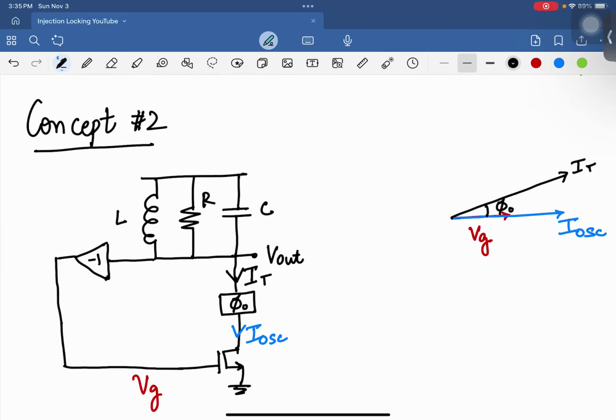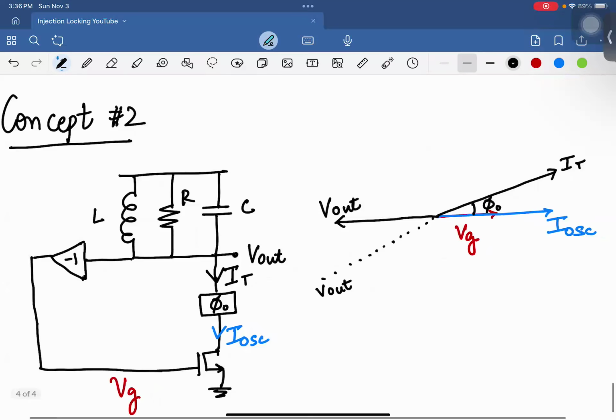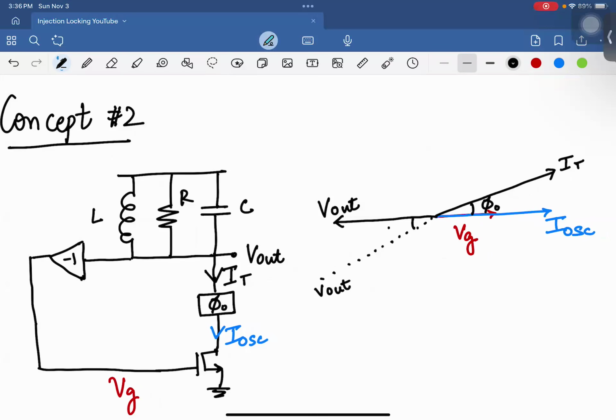Okay. So now at the resonance condition, at omega naught, which was 1 over square root of LC, V out would have been here, right? Okay, if V out was there, that's a problem because now when you go through the inverter, you don't come back to VG, right? So you actually want V out to be here, right? So if you want V out to be there, that means that V out and IT have to have a phase relationship now, which is exactly equal to phi naught.